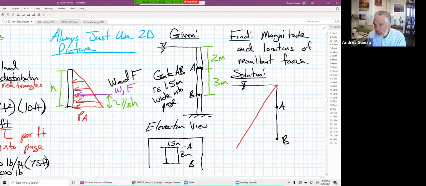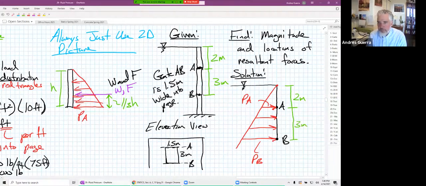We are specifically interested in the pressure distribution that's only acting on the gate. So what we end up with is a trapezoidal pressure distribution with a PA and a PB. Let's add some dimensions to this. We know that's a distance of 2 meters, and this is a distance of 3 meters.